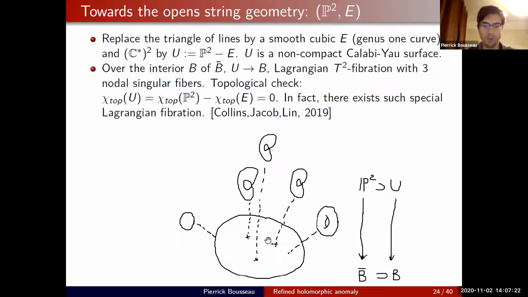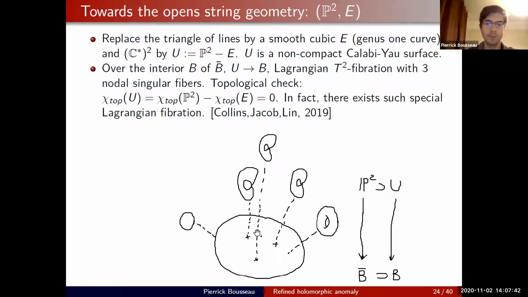So you smooth your triangle into some kind of disk. And geometrically, what was before above the interior, a complement of a triangle of lines in P2, was C star squared. And now we replace these 3 lines by a smooth cubic curve, an elliptic curve.